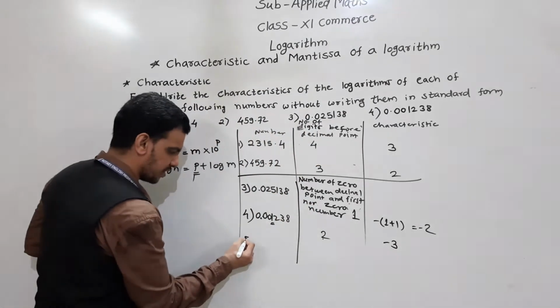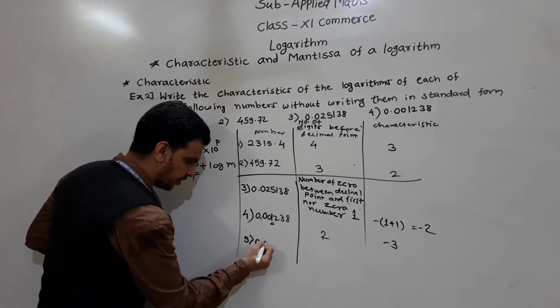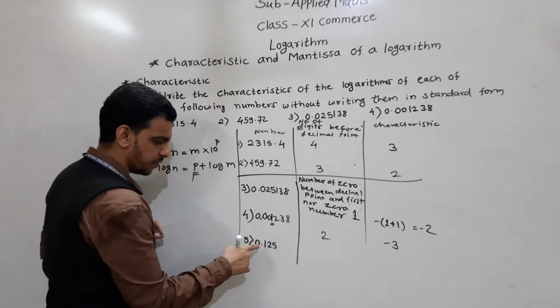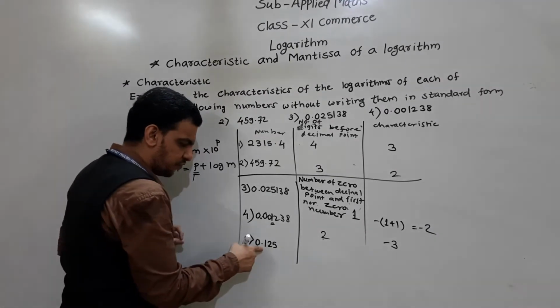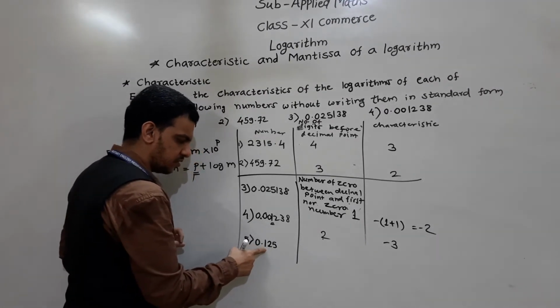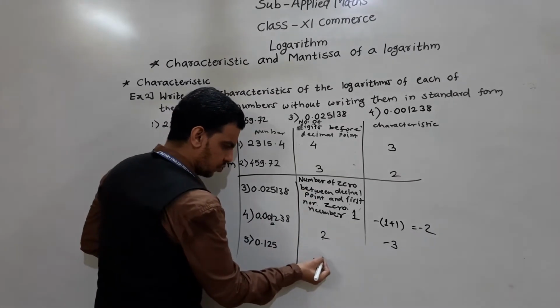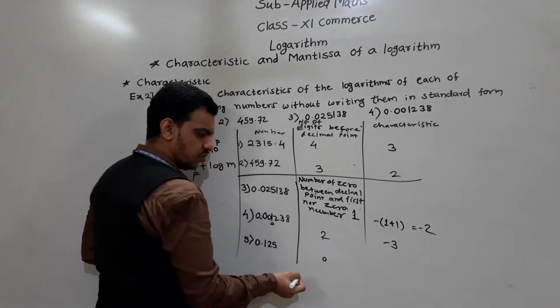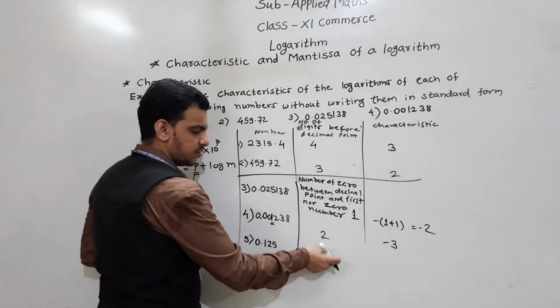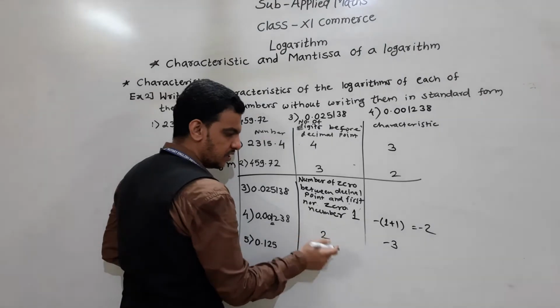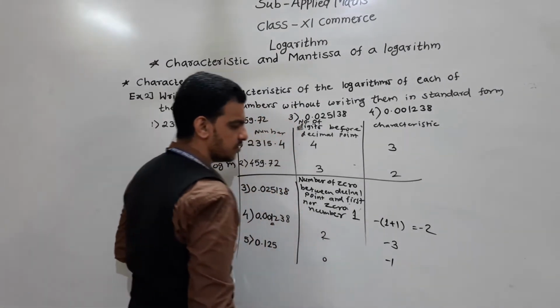Suppose the number is 0.125. Between the decimal point and the first non-zero number, there are no zeros, so zero zeros, and we add 1. 0 plus 1 is 1, and give a minus sign, so it is minus 1.